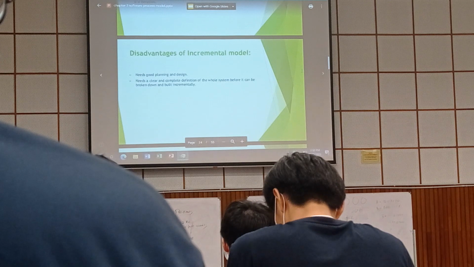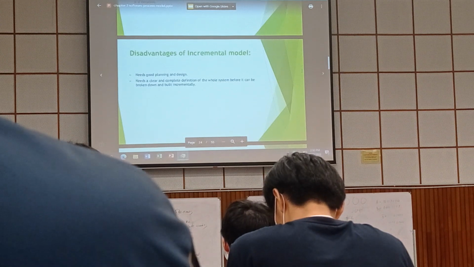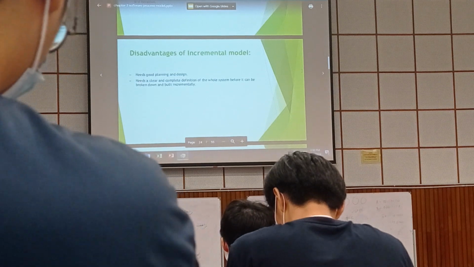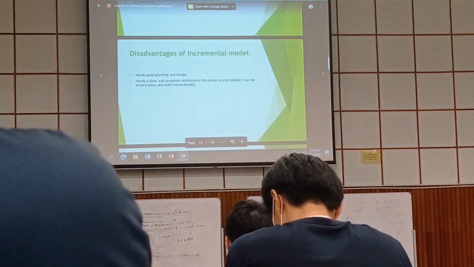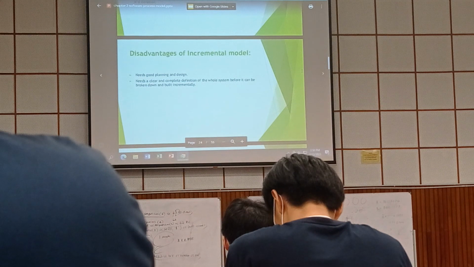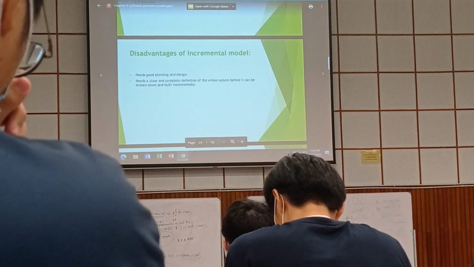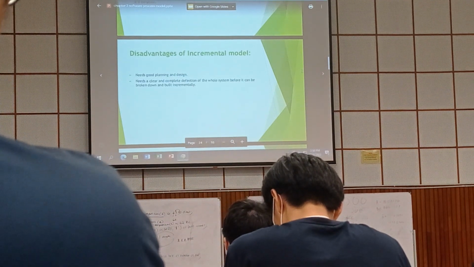Everything you have to know. What is their requirement, before it is broken down and built incrementally. If you build incrementally, it means you will build gradually. Understand? Got it? Okay.